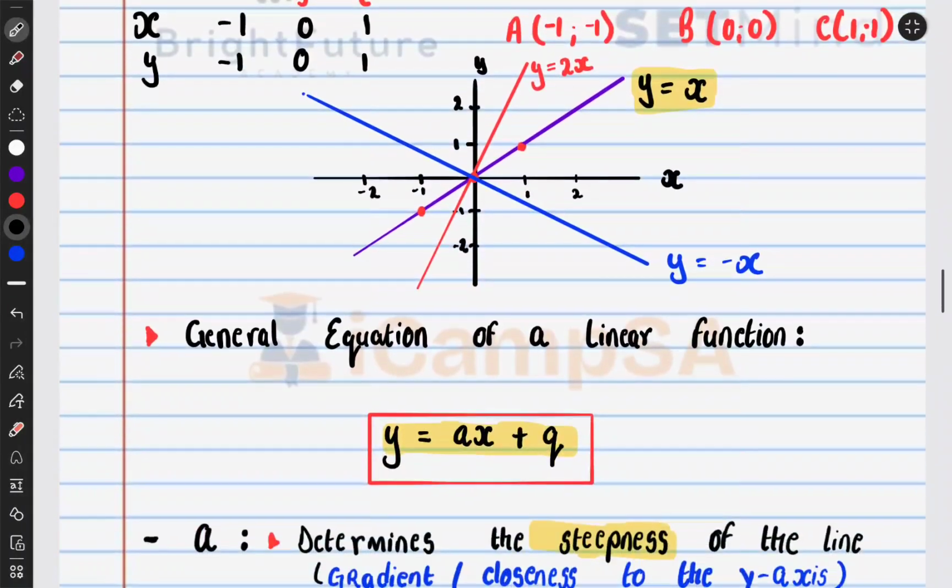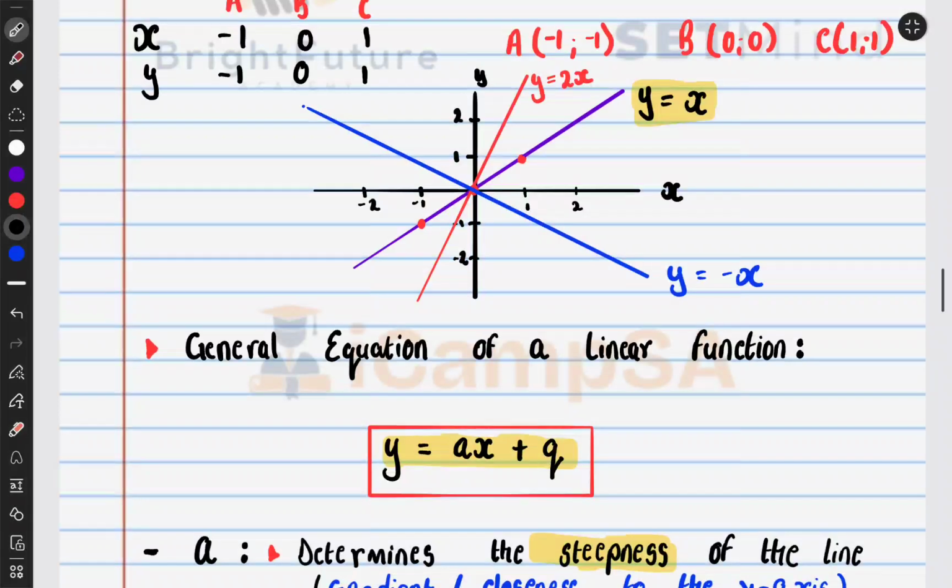In simple terms, let's say we are dealing with the mother function y is equal to x. Let's say we introduce a value of q which is minus 1.